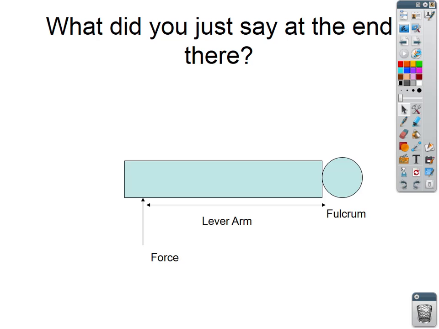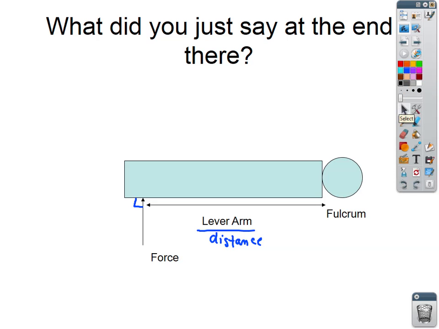So here's my example of pushing a door. The fulcrum is down at the end here. That's where the hinges are. I'm going to apply this force exactly perpendicular to the door, which would be a 90-degree angle, and I push it a distance, which in very old terminology is called a lever arm, but this is our distance from that fulcrum.